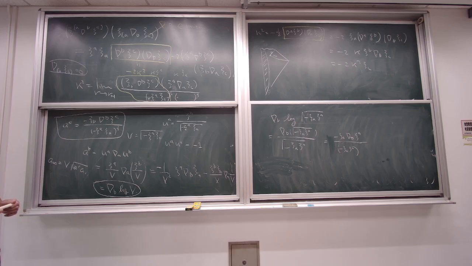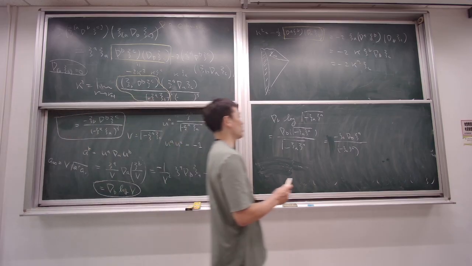And then this is not AC. That's a point, I guess. And if you take AC square, what do you get?